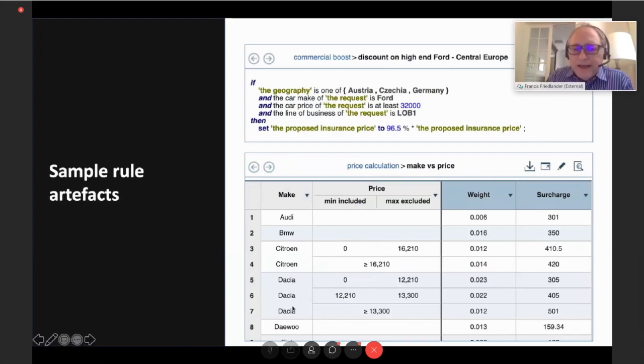For example, that one is going to determine, given the make of a car and how much the car cost when the client bought it, some parameters that are going to be used in the price determination, right? This is fairly easy to understand. All this is transparent, as I said previously.